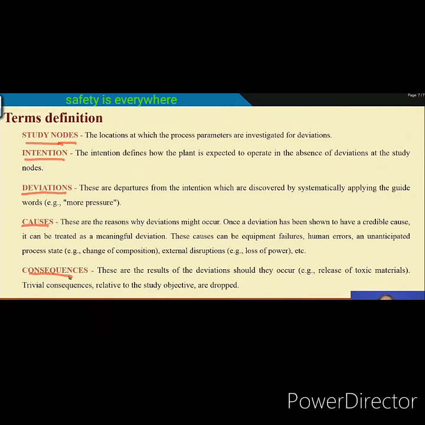If you recall PHL or PHA, we discussed that the total system will be broken down into subsystems, and then subsystems will be broken down further, and finally to the component level. Then at the component level, the subsystem level or the system level, you will try to find out the hazards.